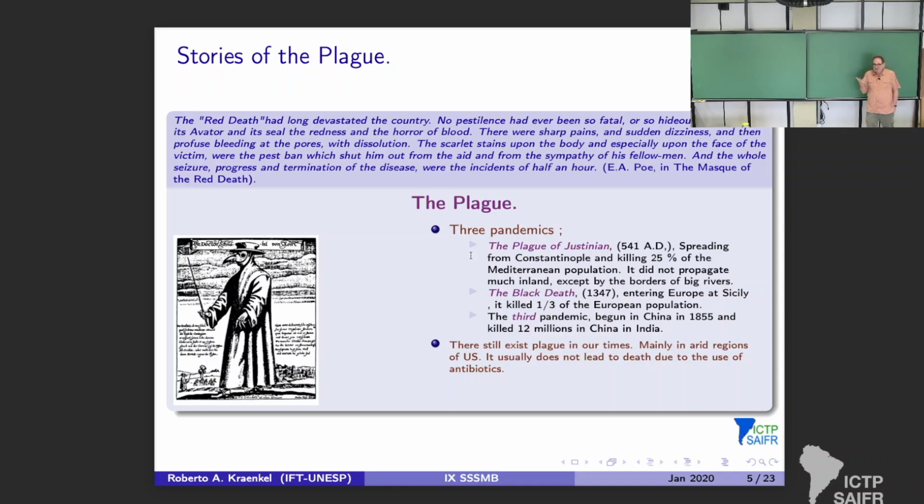I can do sanitation for cholera, and I can avoid contact with rats and fleas for plague. So that was the hygienist view of things, which for those diseases has worked well. Tuberculosis was more difficult. You cannot avoid contact.